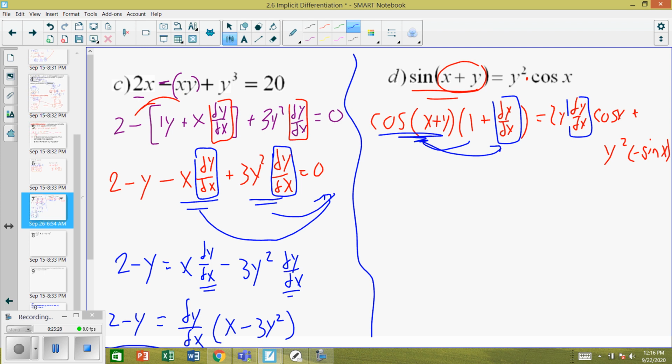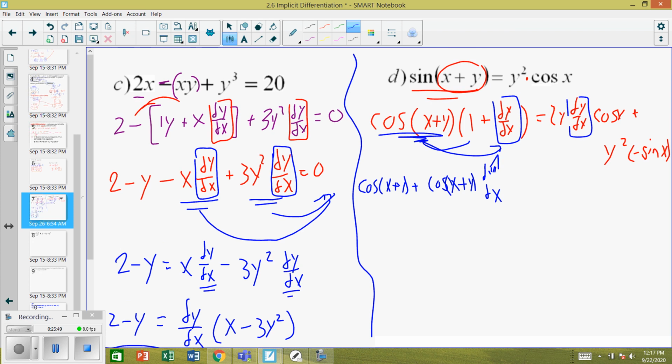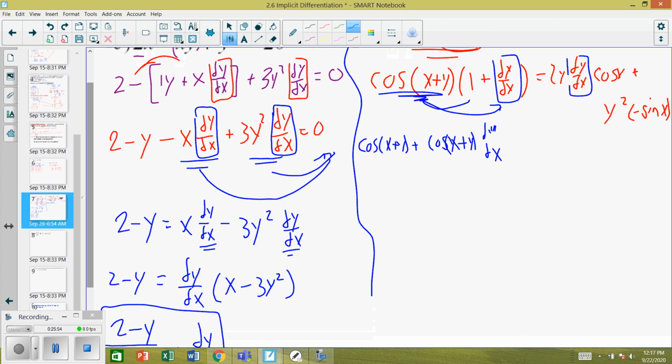So right now on this side, I have the cosine of x plus y plus the cosine of x plus y times dy over dx.